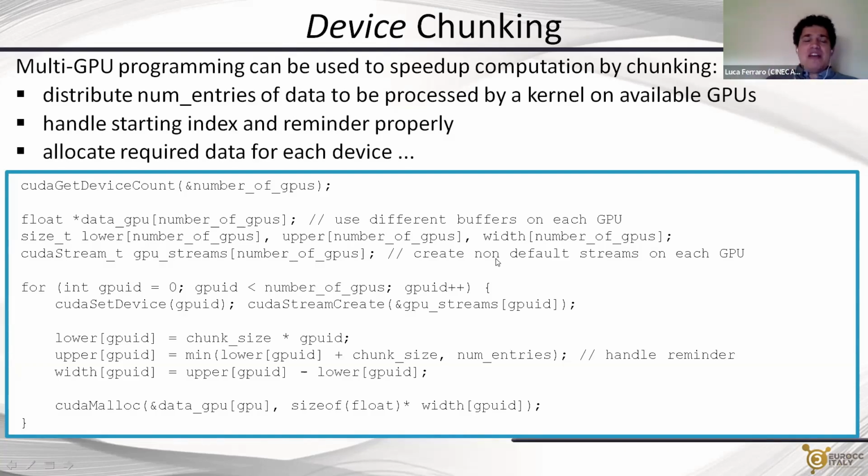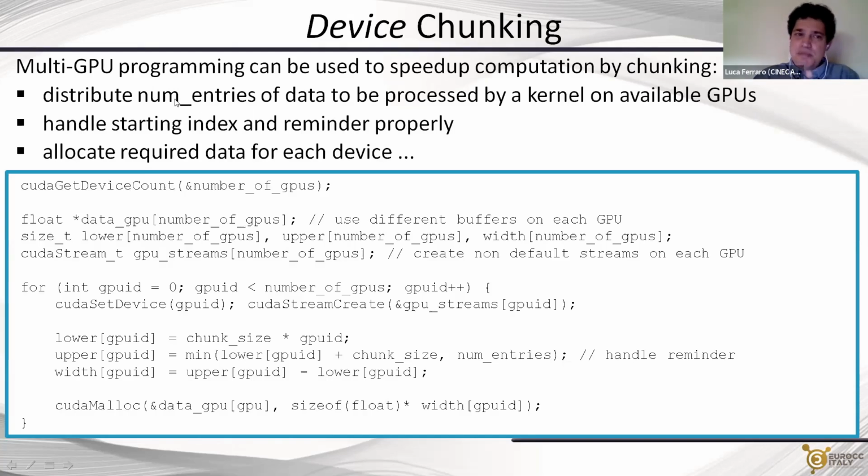Okay, now that you understand how you can get the number of GPUs and how you can select which GPUs to push commands to, we can also expand the pipelining concept we showed just before to device chunking. Multiple GPU programming can be used to speed up computation by chunking.